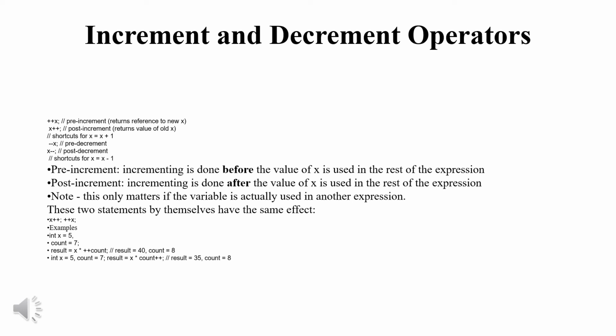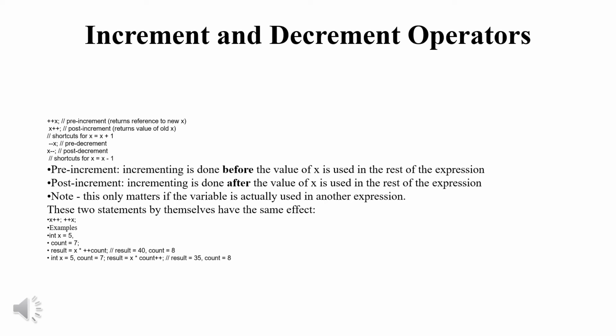So the common way to do that is, for example, if that variable be x, you will write down x equals x plus 1 for increasing the value of x by 1. For decreasing the value of x by 1, you will write down x equals x minus 1, as you see here in this example.